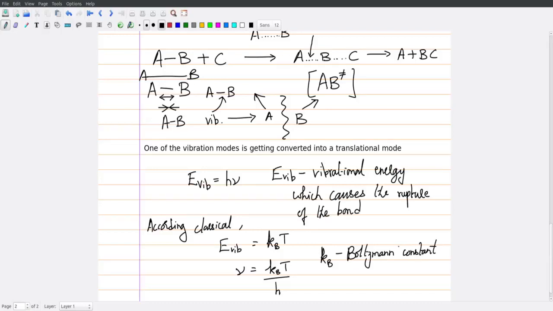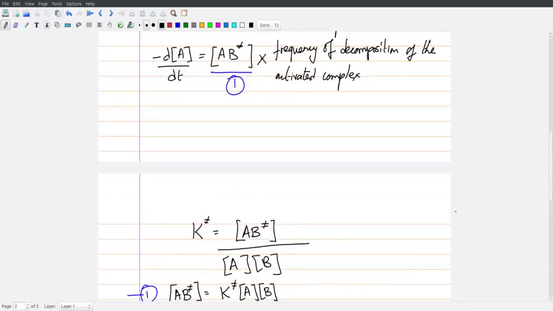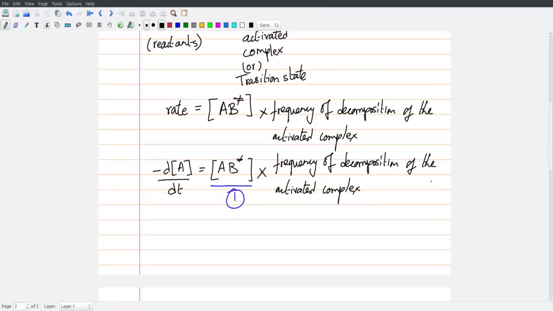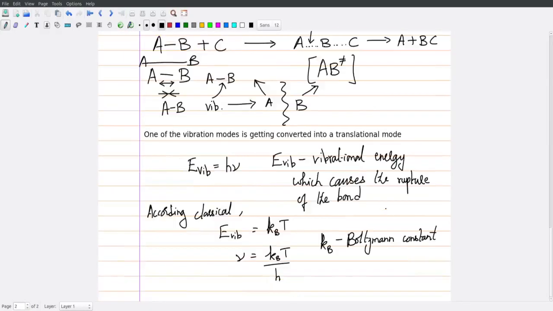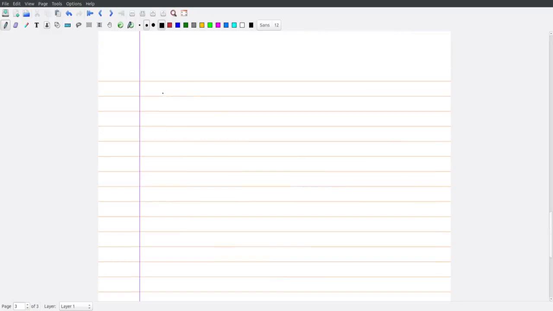And hence if you substitute this into your equation above, let's say this is equation 2, substituting equation 3 in 2, you get minus dA by dt equal to K dagger A into B by kBT by h.